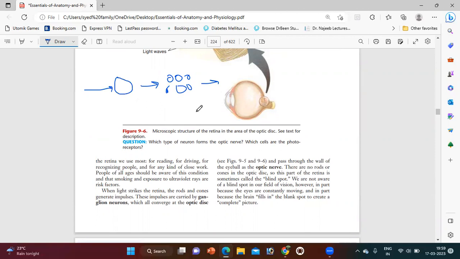So basically, what will happen in dark and light, both situations? What will happen in the dark? Again this scotopsin will resynthesize into rhodopsin. Basically it will take time, slowly it will resynthesize. If you are seeing in the same condition, these things will remain stable, but if you are going into the darkness or lightness, what will happen?